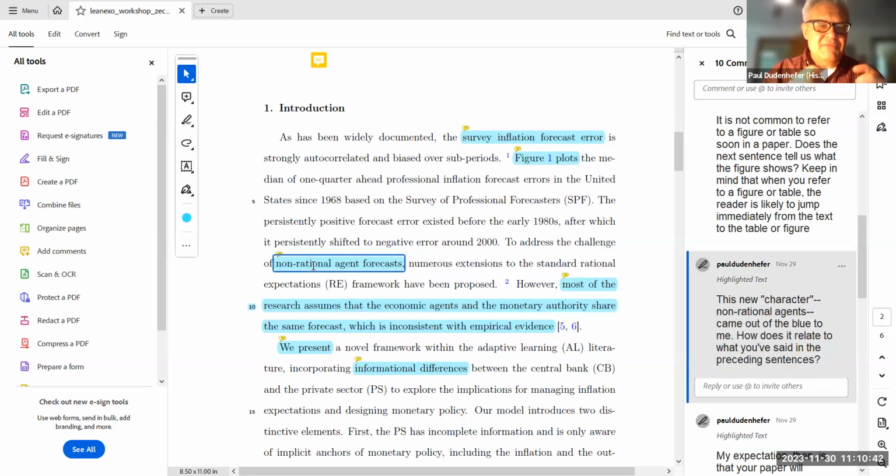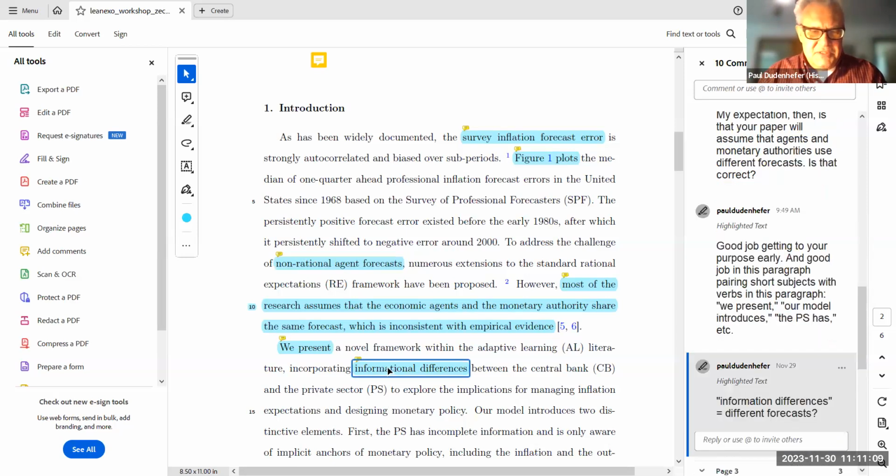The concept of the non-rational agent had not been mentioned before this point. I wasn't necessarily expecting it, and so I'm thinking, okay, how does that relate to what I've just read? Is it that people who make forecast errors are the non-rational ones? Is that what's going on here? So just be aware of that kind of stuff.